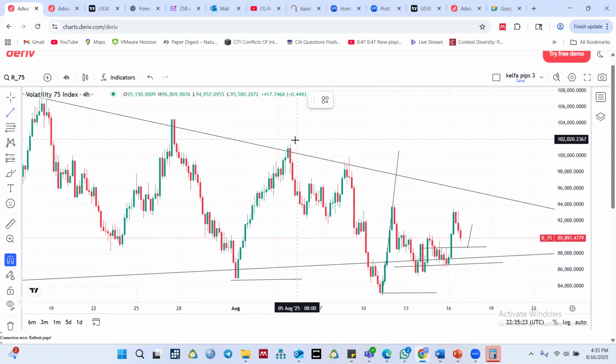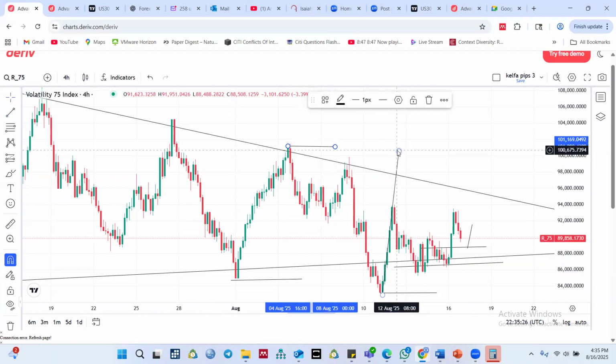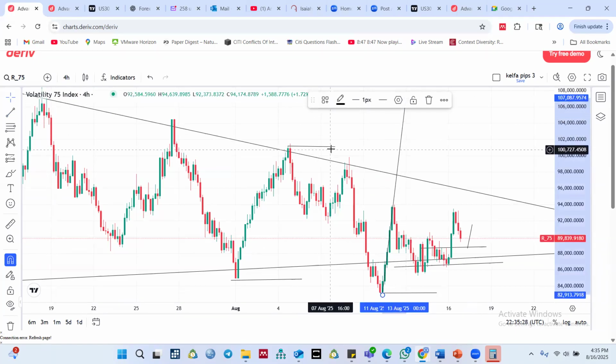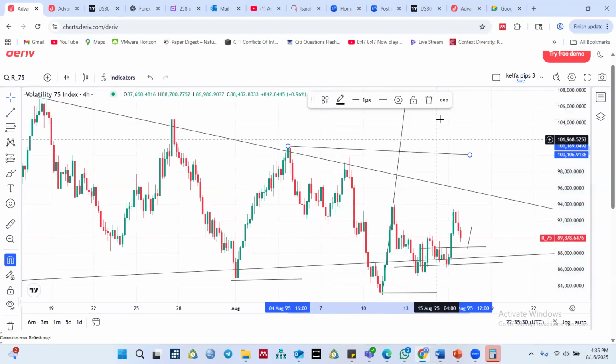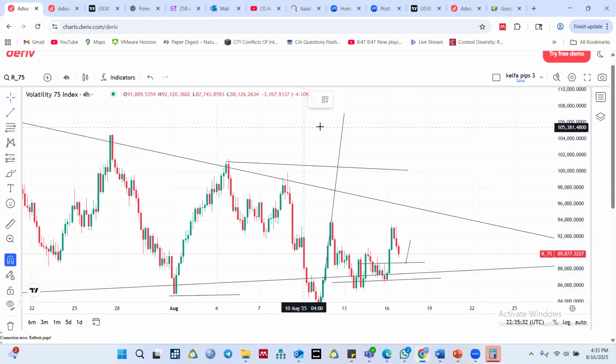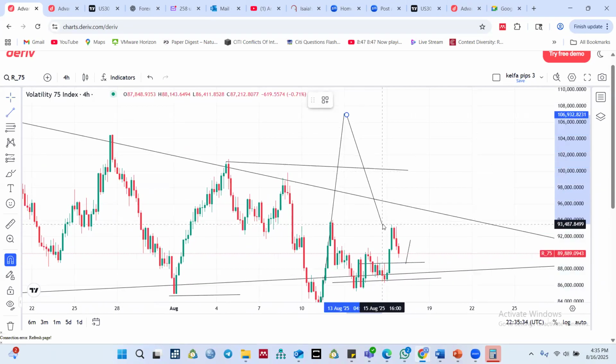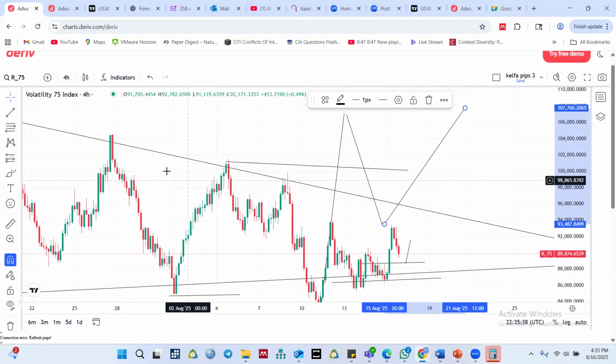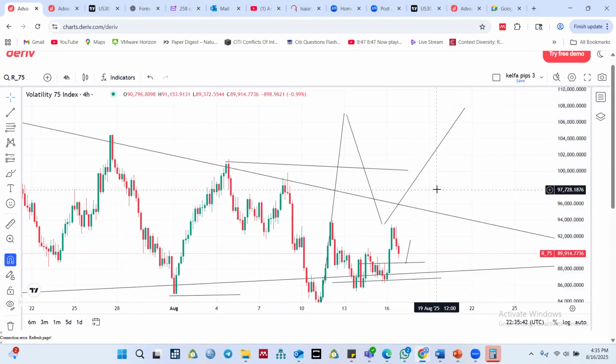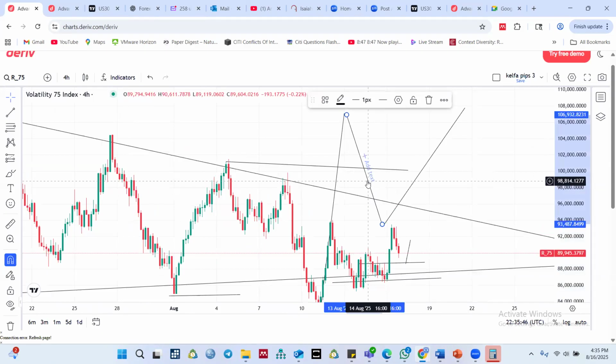The low that we took is this. So we should expect price to shift to take this high, and only then on the higher time frame would we expect a pullback. And we know that we are buying above this diagonal resistance, this trend line. Until that happens, we are not going anywhere. We are not going bullish.